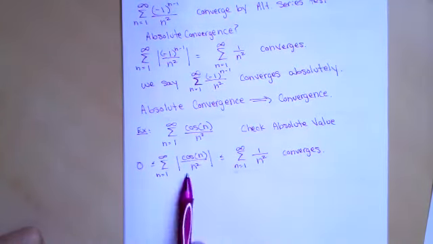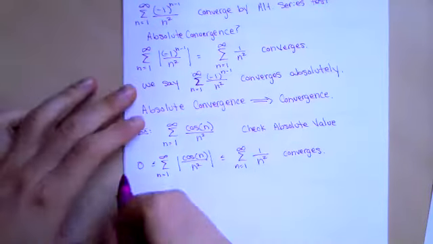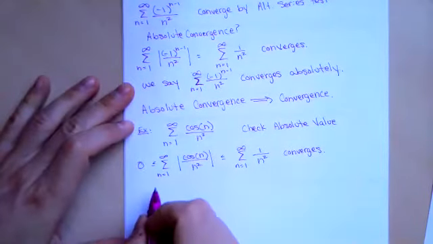And so by a comparison test, I know that the absolute value of the series converges. So the regular series has to converge.